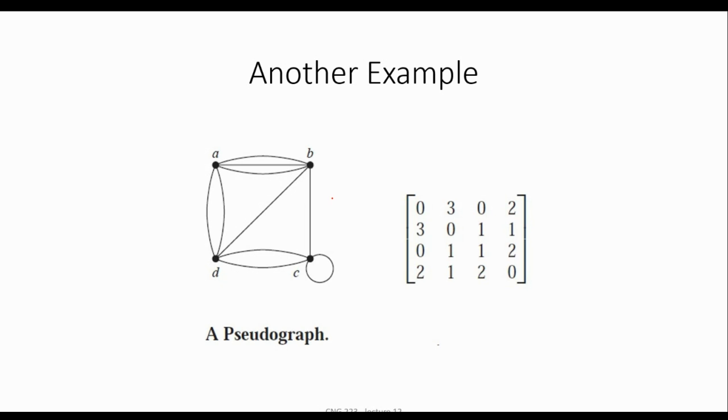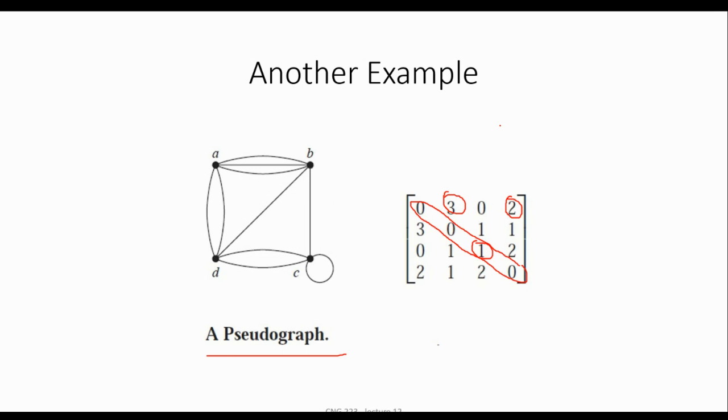So another example, this one is a pseudograph. It means that not necessarily all of the diagonal entries are 0, and there should actually be at least one of them as 1. If all of them are 0, this is not a pseudograph anymore. So here also, by having these values, I understand that this is not a simple graph but a multigraph.